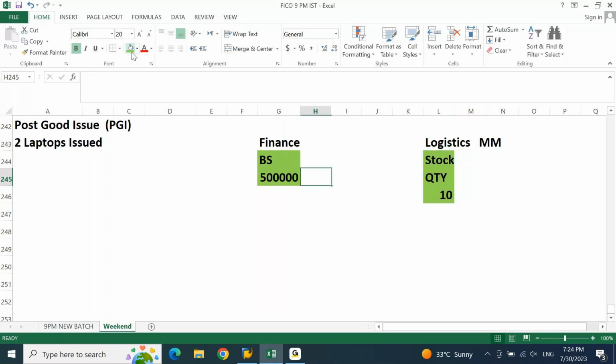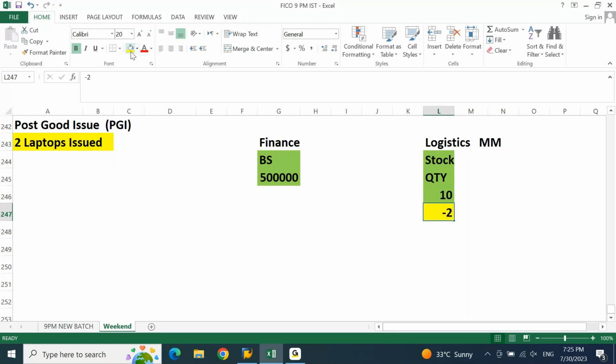Now what is happening? I received an order from the customer wherein I need to deliver 2 units to my customer. So when I'm delivering 2 units, from the SD side, I have updated that 2 units are issued to the customer. You can please go and collect from the warehouse or from the stock. What I need to do is a -2 here. From my stock, I need to reduce 2.